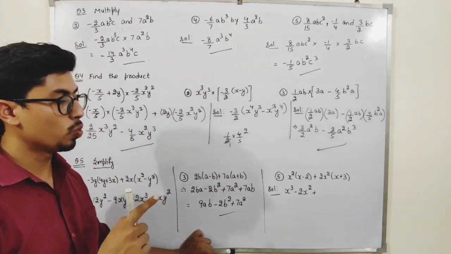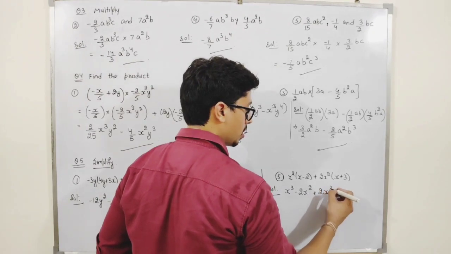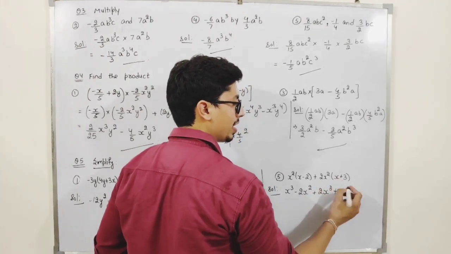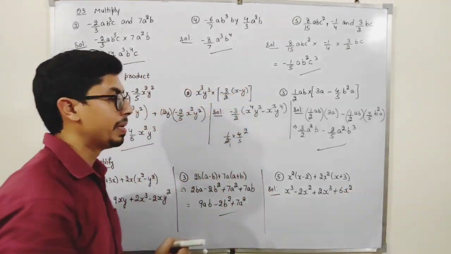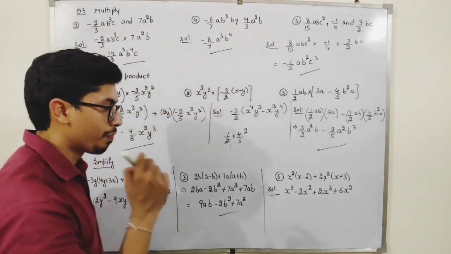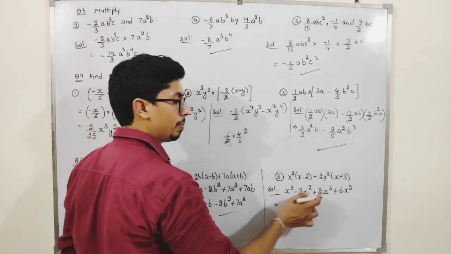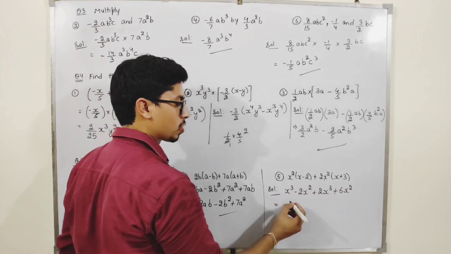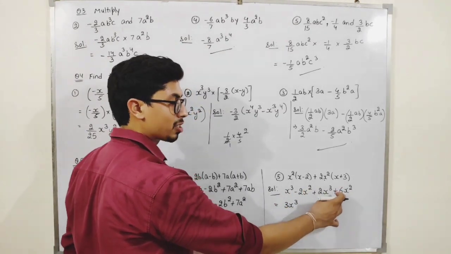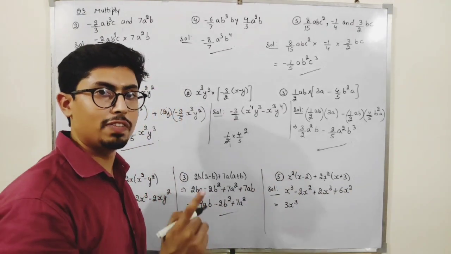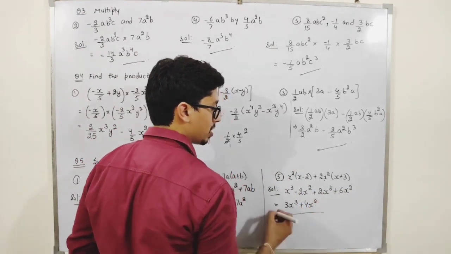If I multiply 2x square and x, it will be 2x cube, plus 2 into 3 is 6 and x square as it is. So this will be 6x square. So the final answer will be, students, see, x cube, both have the same terms. So 2x cube plus x cube, it will be 3x cube. Plus 6x square minus 2x square, so it will be plus 4x square. Okay, so this is our required answer.